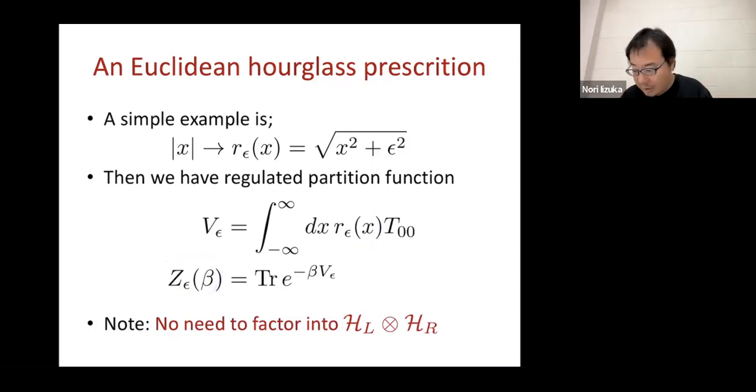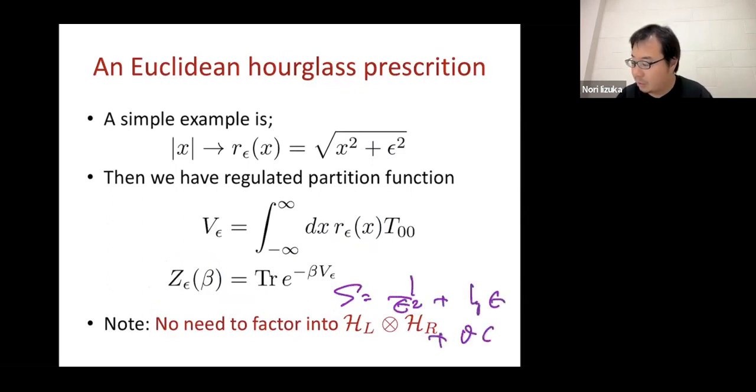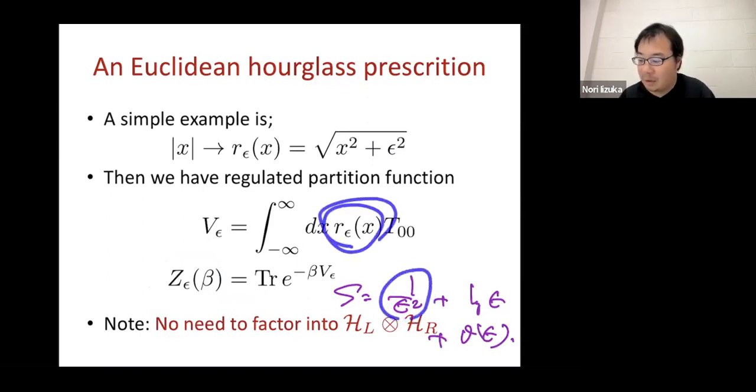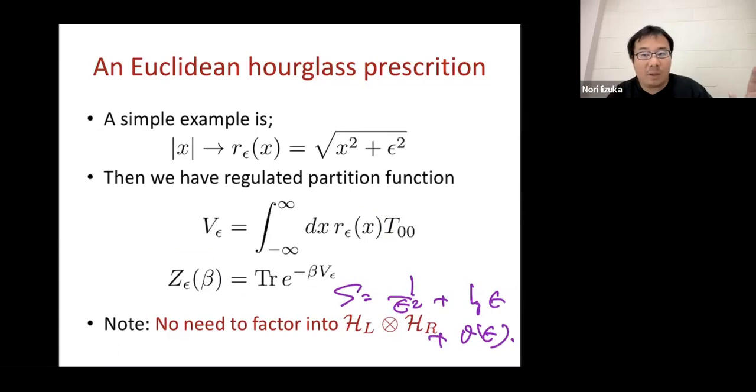But from it, you calculate the thermal entropy, and the thermal entropy has an area term, plus a log epsilon term, plus order epsilon, which vanishes. Now, the area term's contribution does depend on the UV regulation, and this is modified by how you regulate it. That's intuitive, because 1 over epsilon squared manifestly depends on how you define your epsilon. It is UV dependent, but I just focus on the log epsilon part, which we do expect to be UV independent.